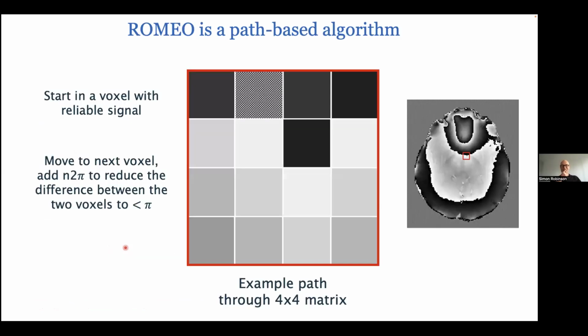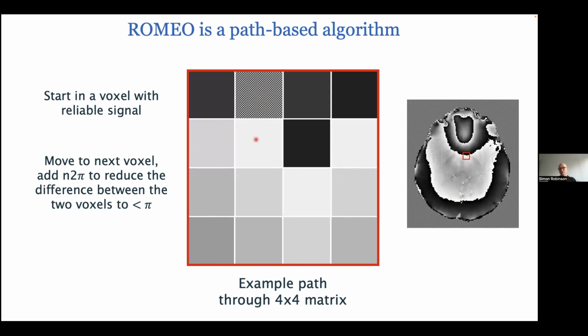So I thought I'd have a little look at how this works. If we zoom in here on a few voxels and pick them out, then you can see just by eye that all of these paler gray voxels belong to one kind of region. And here we've had a wrap, for instance, between these voxels. And this one here is meant to symbolize a noisy voxel with an unreliable phase value.